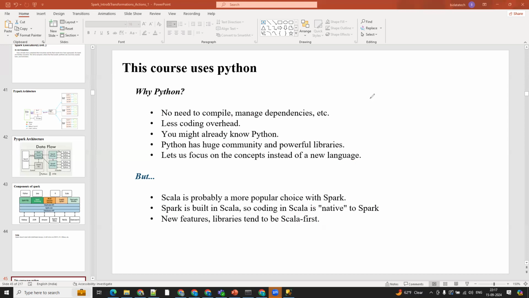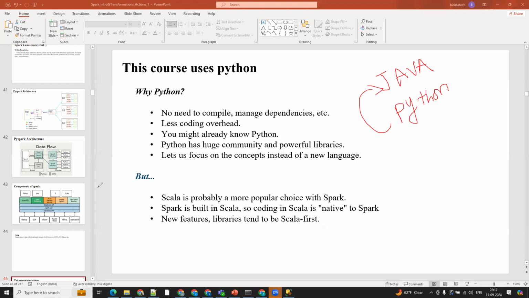So in your local system, or wherever you're installing Spark, you need to have Java. Now you understood why we have to install Java in our local? Yes. Of course, if you are using Python, PySpark, you need Python as well. Python will interact with Java indirectly here.